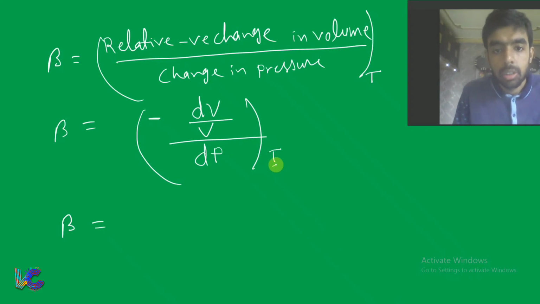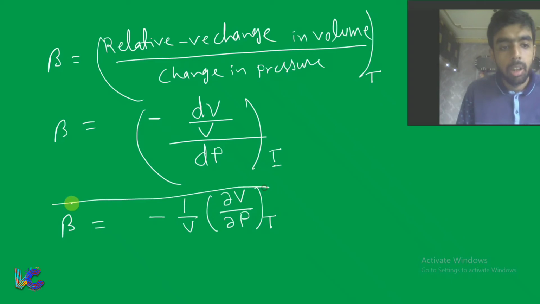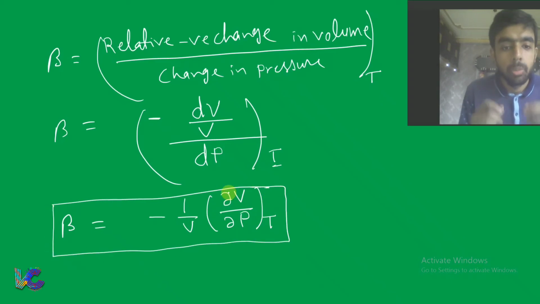So the constant is T, that means d will become del. Minus 1 by V will be outside, so dV becomes del V and dP becomes del P at constant T. This is the mathematical expression of beta. So beta is equal to minus 1 by V del V del P at constant T.